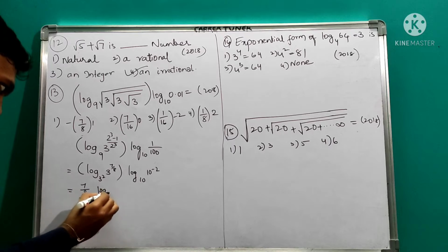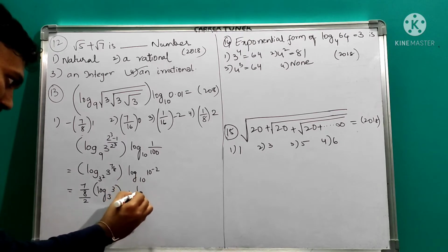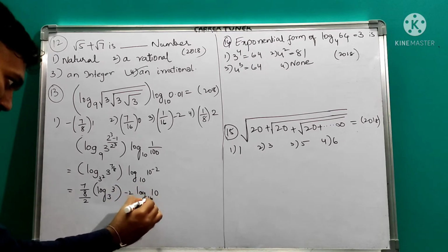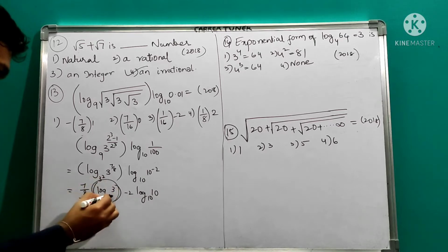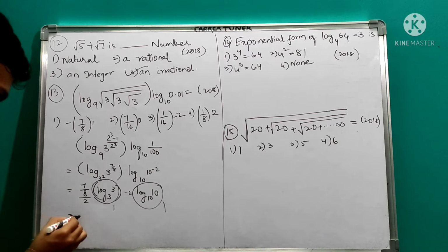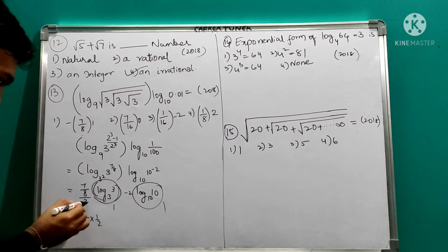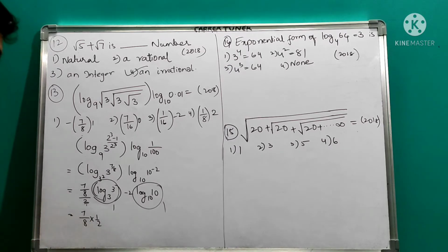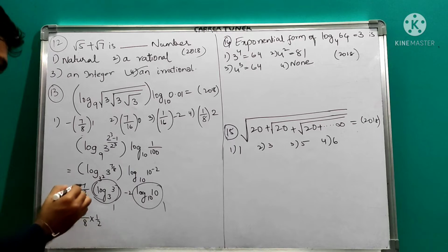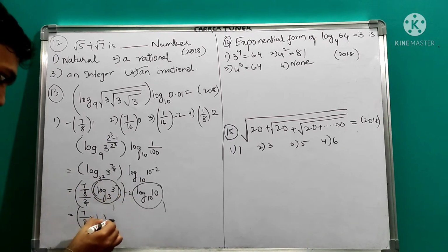Then it becomes log 3 base 3 and here it is minus 2 log 10 base 10. Now you see log 3 base 3 is nothing but 1 and log 10 base 10 is also 1. Now what is the answer? Here it is 7 by 8 into this 2 becomes 1 by 2. See why? Because here it is 2 by 1, 2 by 1 becomes 1 by 2. Okay. Now place all of them in brackets into, and this is what is left over, minus 2.